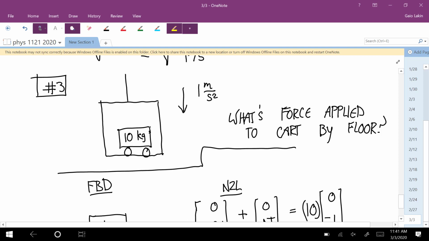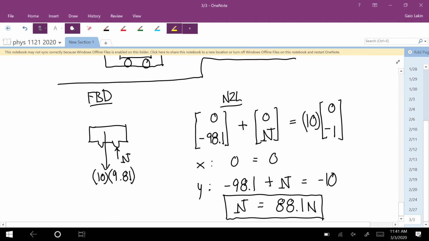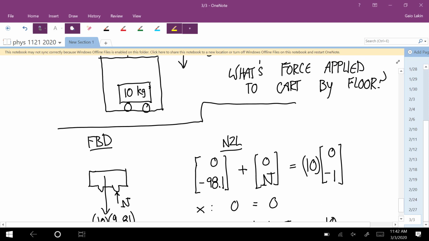Okay, but the second thing that's kind of interesting is notice that this contact force is exactly what a scale, like a bathroom scale, does to your feet. Another way of thinking about what we're doing here is measuring what a bathroom scale would think the weight of this object was.